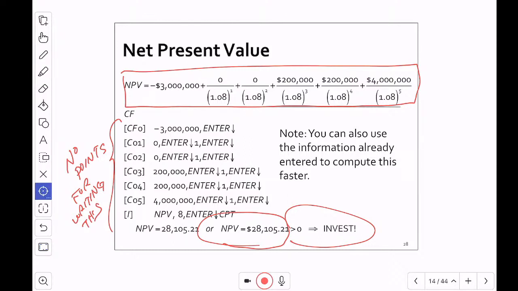Some students that refuse to learn the calculator will do it this way, and they'll calculate every one separately and add them all together, and often their decimals will be off and they'll make mistakes somewhere, and it's just not worth it. So learn to use your calculator or you will lose marks.